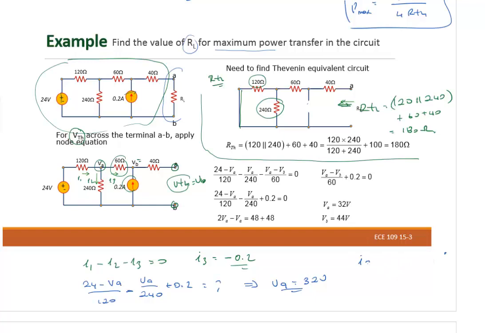We can write I3 as (VA minus VB) divided by 60, which is equal to negative 0.2. We know that VA value is 32, so (32 minus VB) divided by 60 equals negative 0.2. VB comes from here: 44 volts.